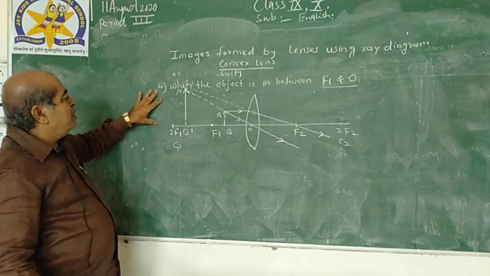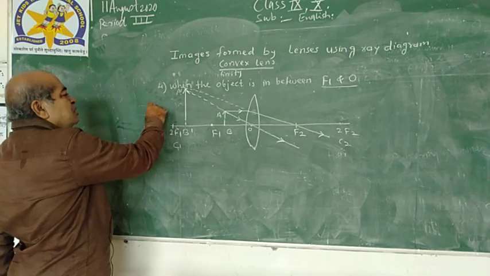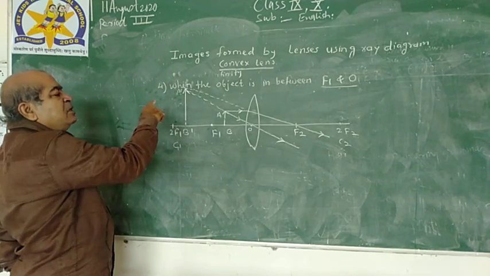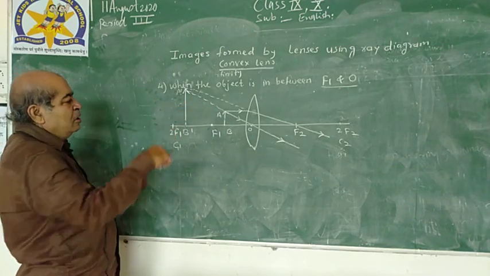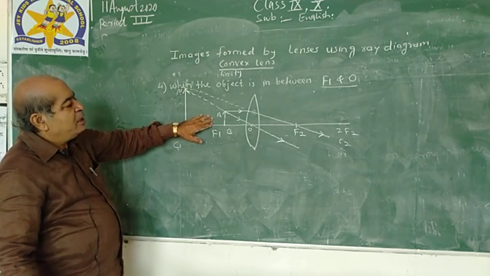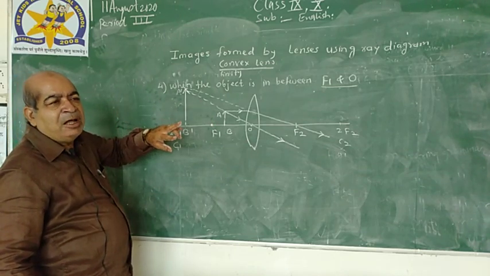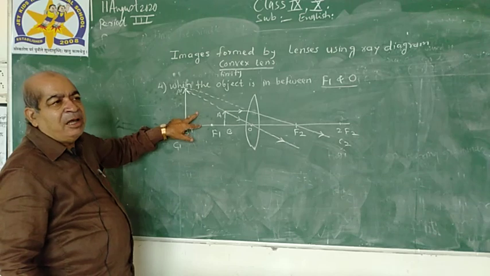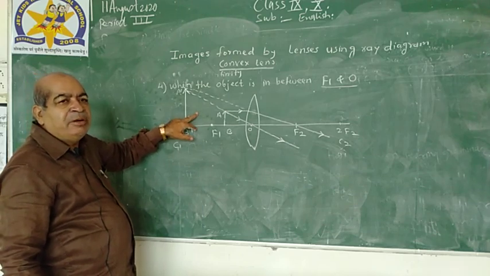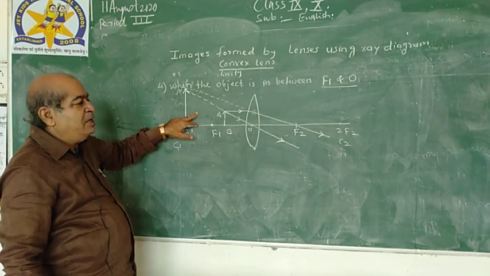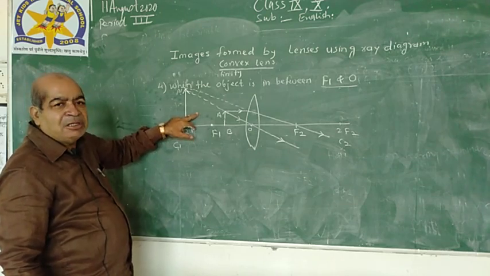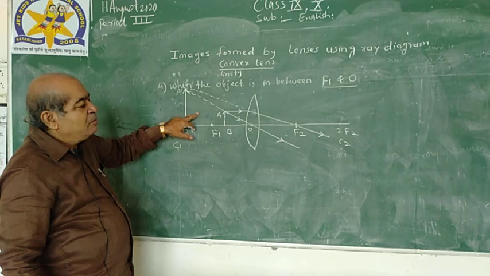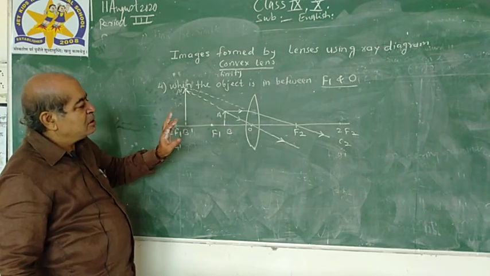This is when the object is in between F1 and O, and there are generally two rules used. When a ray of light parallel to principal axis is incident on the convex lens, after refraction it passes through the principal focus on the other side.